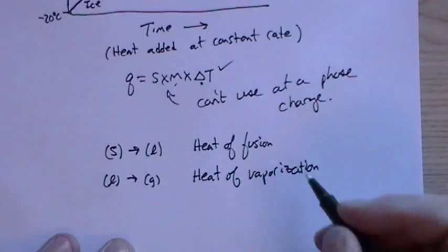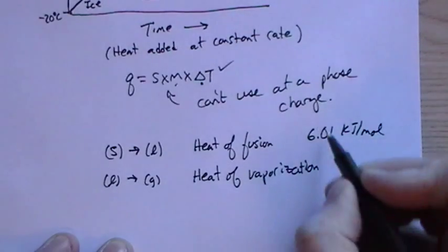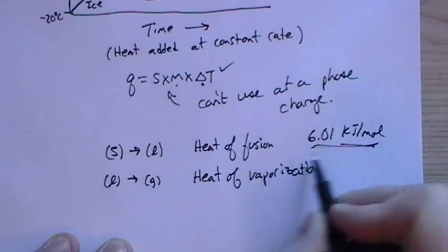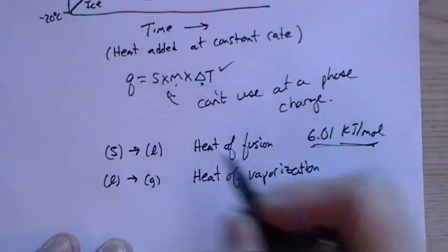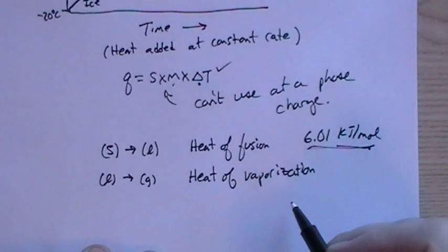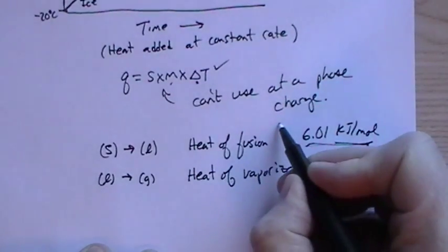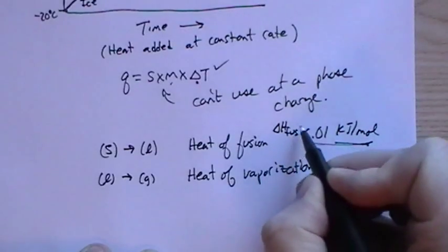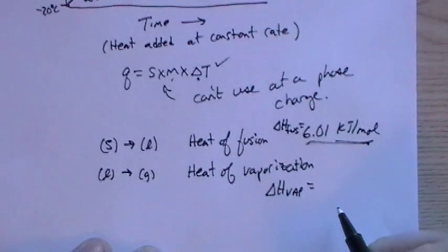And for water, the heat of fusion is 6.01 kilojoules per mole. So we just need to know how much water we're using, and we can determine how much heat has to go into breaking all of the ice up into water at that temperature, which is 0 Celsius. And then the heat of vaporization for water is, okay, so the heat of fusion, this is delta H FUS for fusion, and then delta H VAP for vaporization.